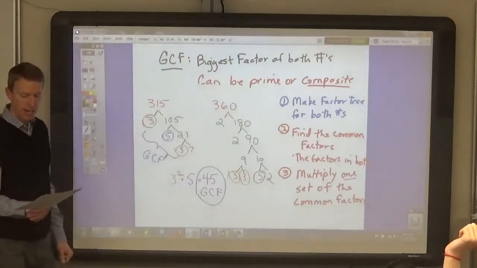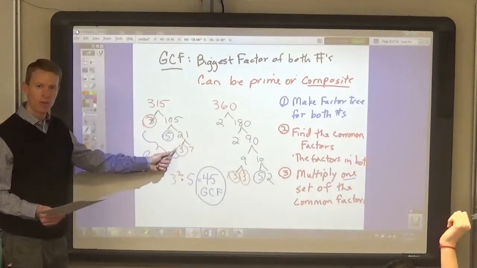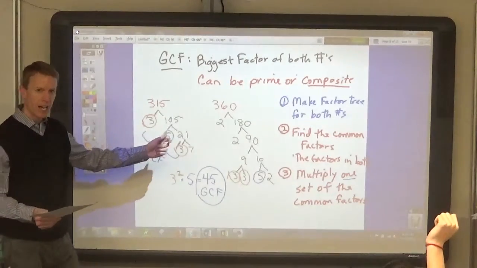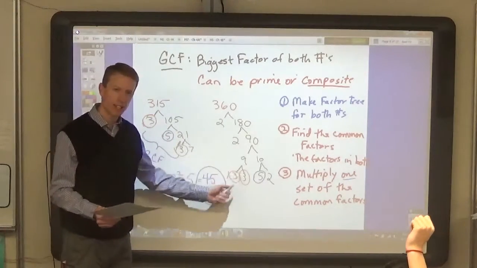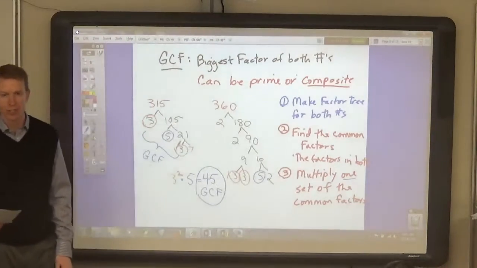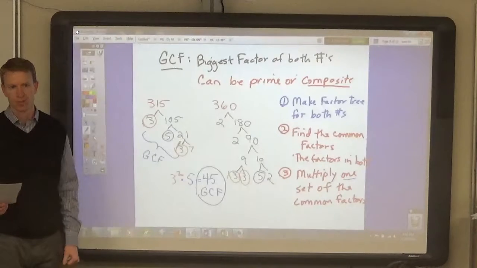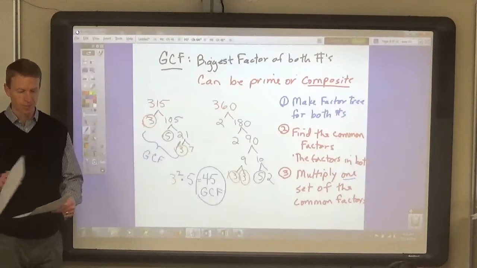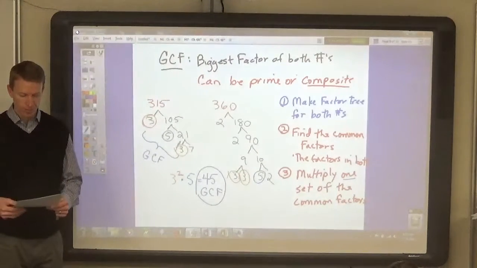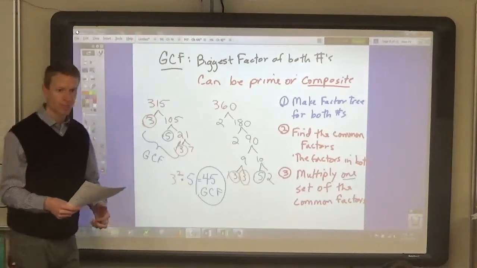So next to 315, you write 3 squared times 5. And on 360, 3 squared times 5. And then you find one of the answers is the greatest common factor. Okay? Now, go to the practice side.